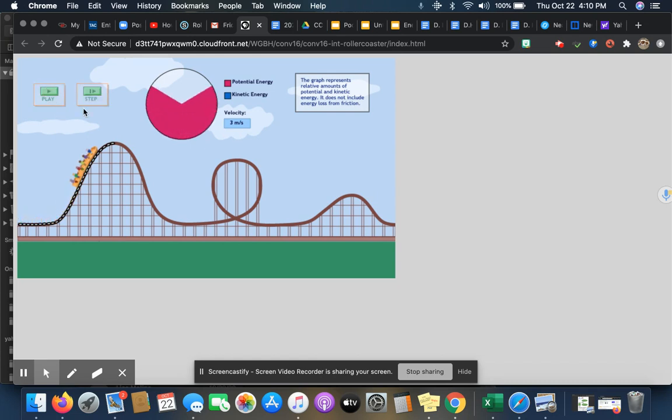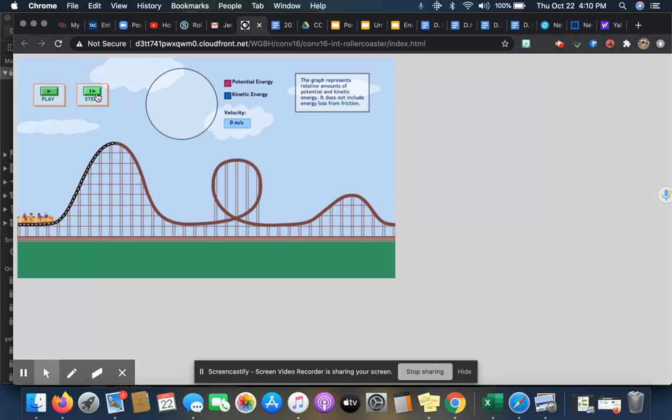It goes back and forth because the total amount of energy is the same, but the amount of each one adds up to 100%. So if my pie chart is 100% and I'm at 90% potential energy, that means I have 10% of kinetic energy left. One more time, I'll show you. As it changes, it shows you the approximate percentages.